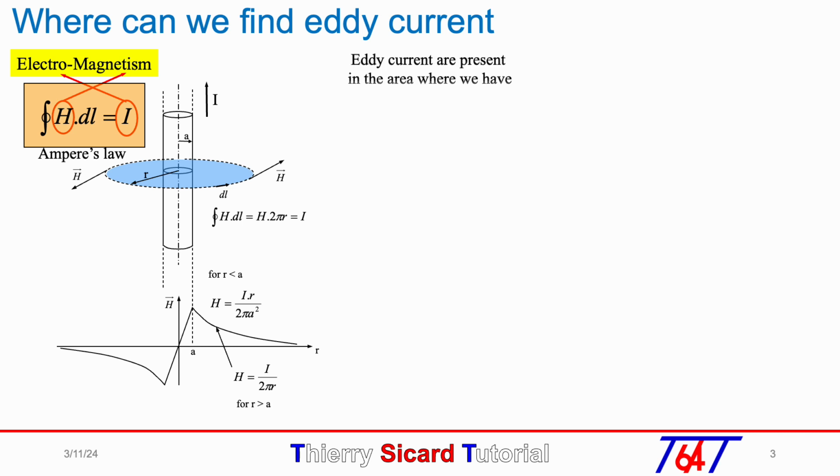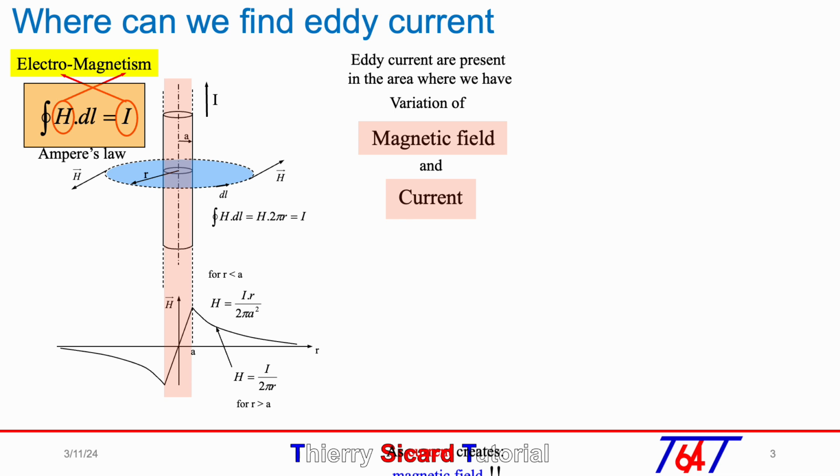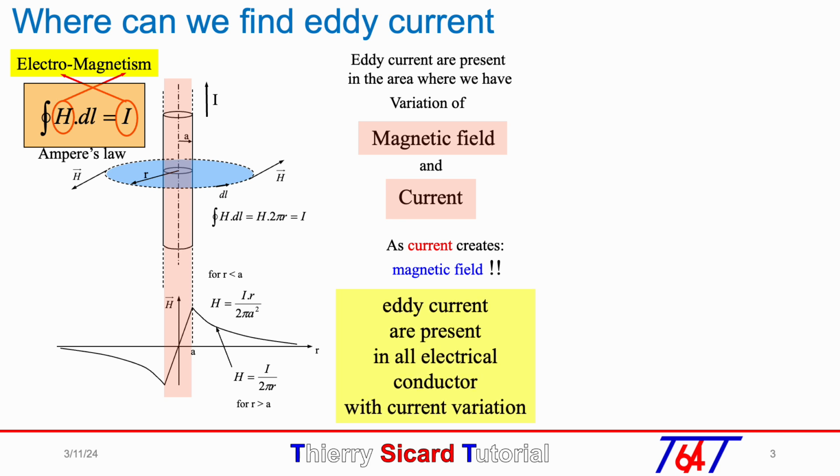Eddy currents are present where we have, at the same time, variation of magnetic field and variation of current. Magnetic field and current are located in the colored area, meaning in the wire. As magnetic field is created by a current, eddy currents are present in all electrical conductors with a current variation.